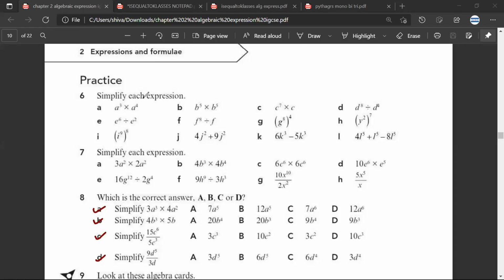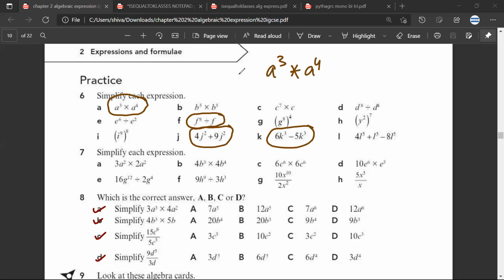Okay, Mr. Satya, one thing you need to understand before I start these kinds of questions is that there is an interesting thing you need to notice. If you look at these sums, I'll rewrite them. A3 into A4 is the first sum.